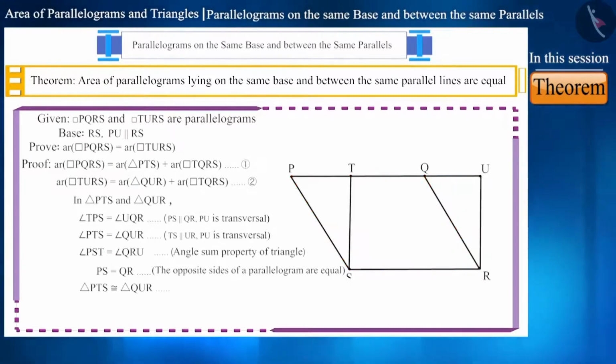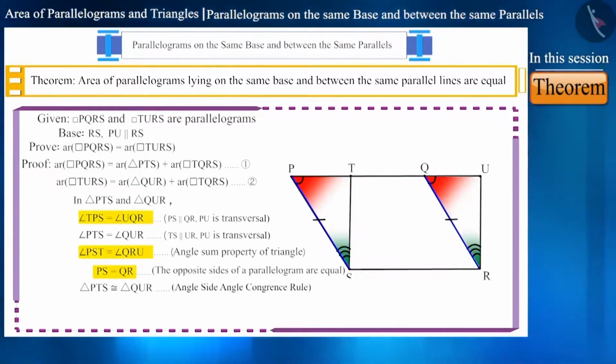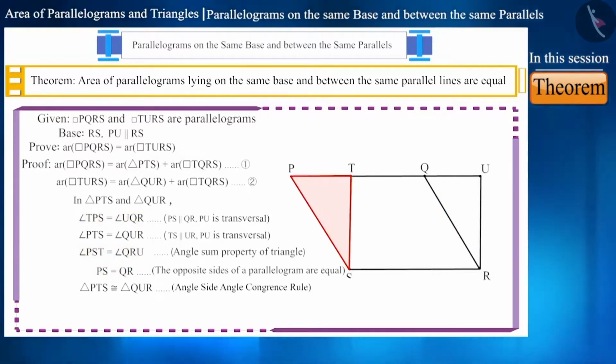Therefore, both these triangles will be congruent by the angle side angle congruence rule. Therefore, triangle PTS is congruent to triangle QUR and the area of congruent triangles is equal. Therefore, triangle PTS is equal to triangle QUR.